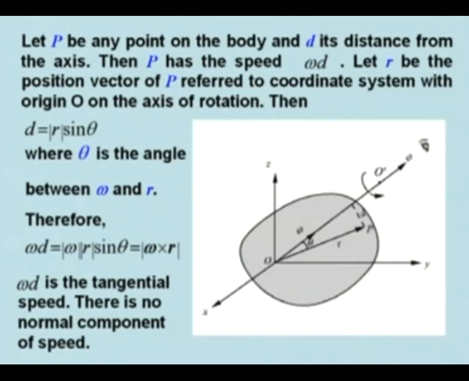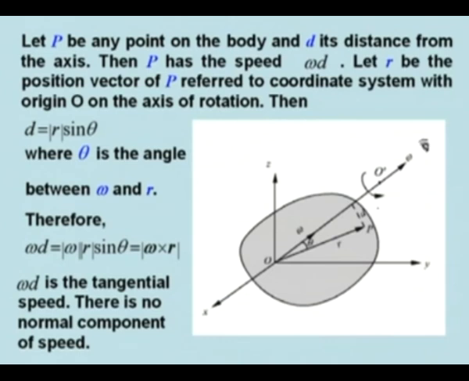Then you can see very well that if this is theta, then d is equal to the magnitude of r times sin theta, where theta is the angle between omega and r. Omega is the angular velocity vector, and r is the position vector.